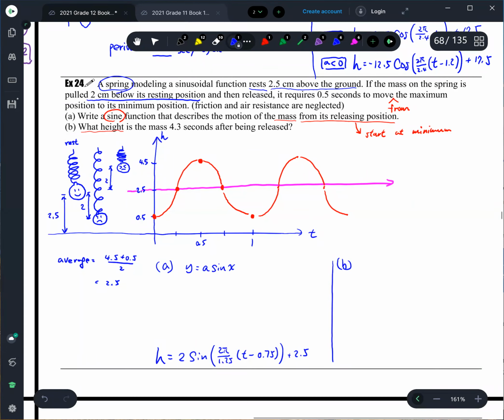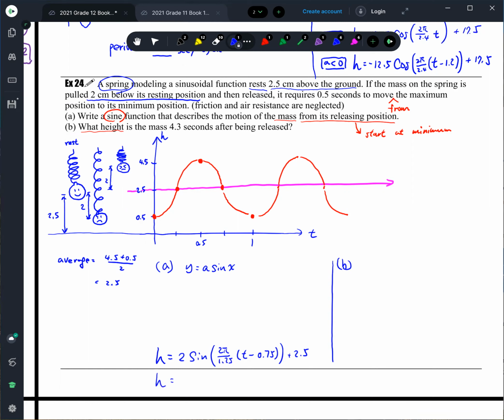Oh, one sec, let me see. Isn't A 2.5? A is 2.5. Yeah.